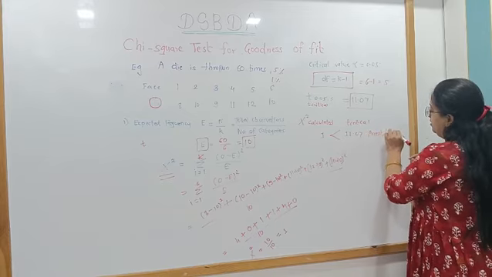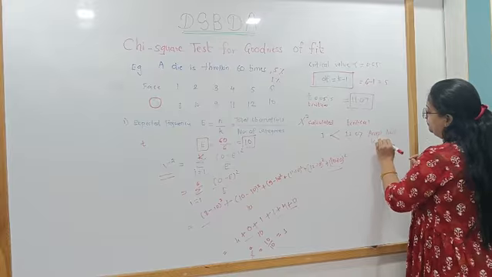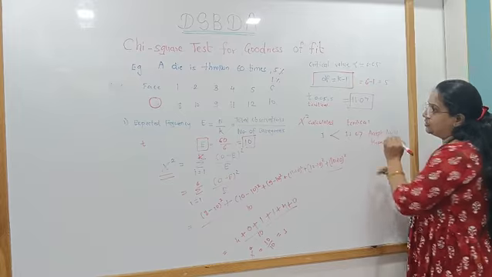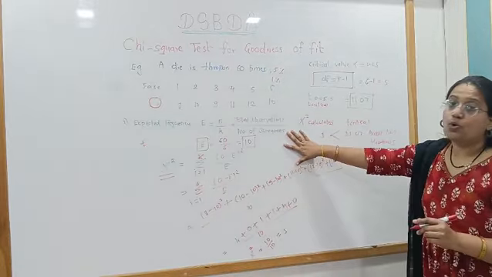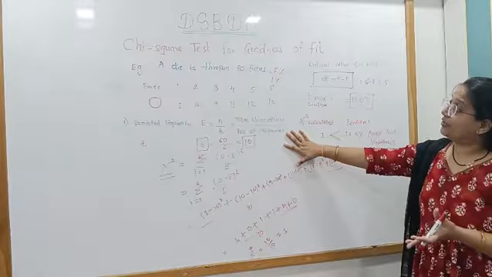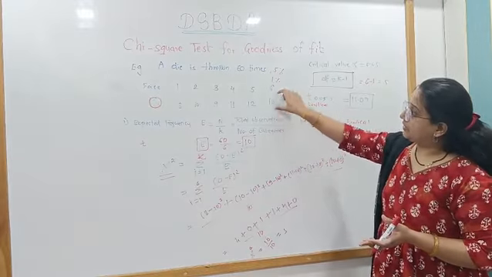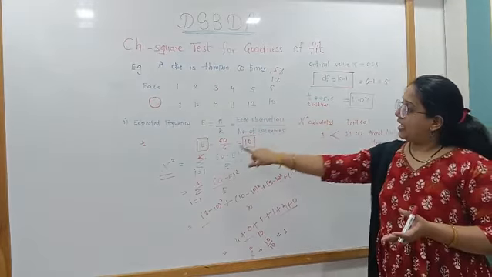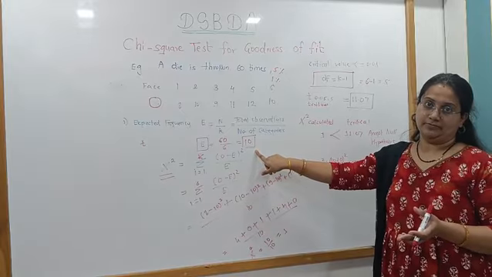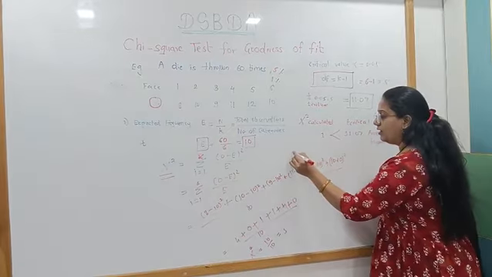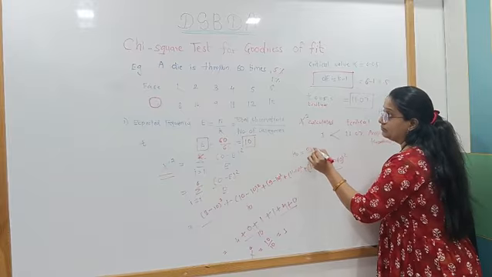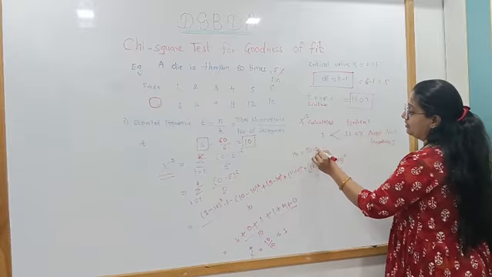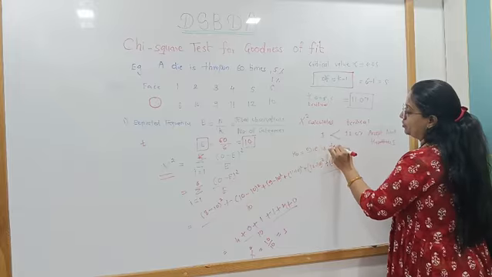So what is the null hypothesis for this statement? It is that there is no significant difference between the observed frequencies and the expected frequencies. We can also write that the die is fair. Die is fair means what?